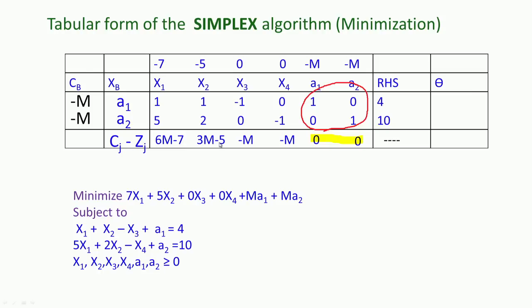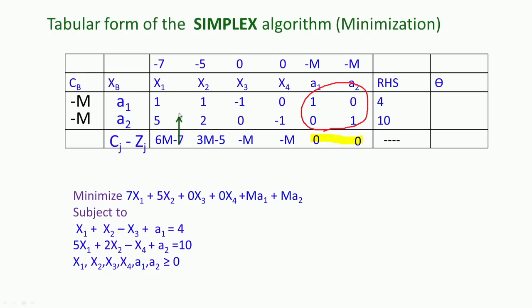If m is infinity, then both are infinity. But if m is large and not infinity, 6m will be bigger than 3m. And 6m minus 7 will be bigger than 3m minus 5 because m is sufficiently large. Therefore, the most positive Cj minus Zj happens to be for x1, and the variable x1 will come into the solution.